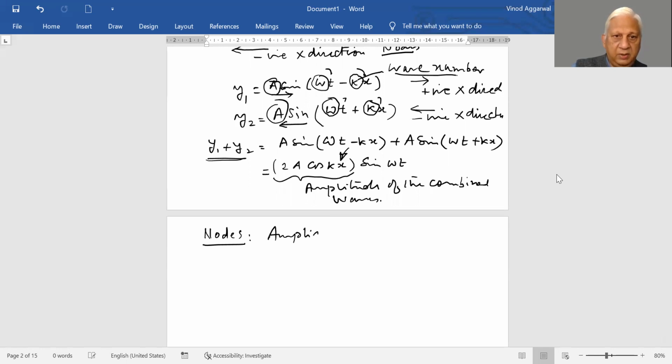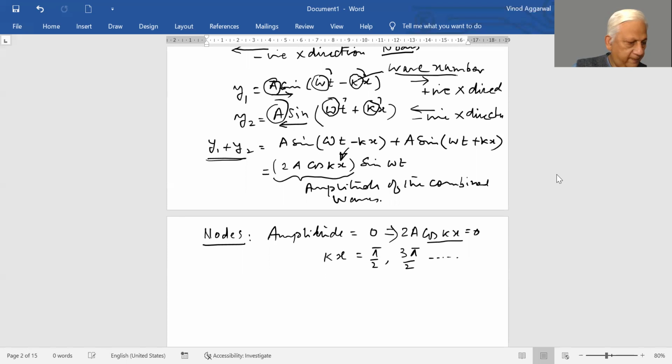Their amplitude is 0, which means 2a cos kx is equal to 0, which means kx has to be an odd multiple of pi by 2: pi by 2, 3 pi by 2, and so on.